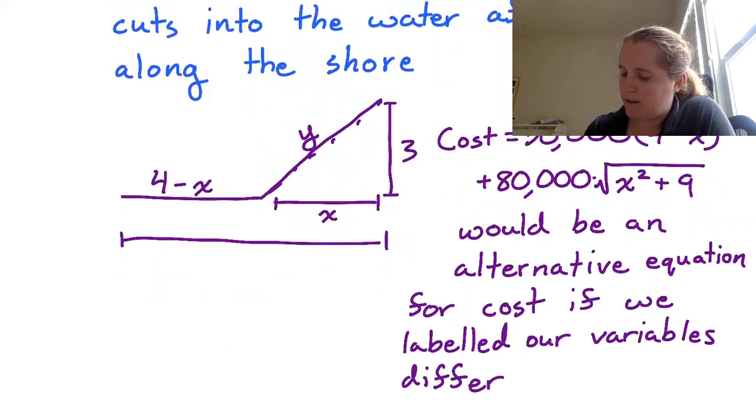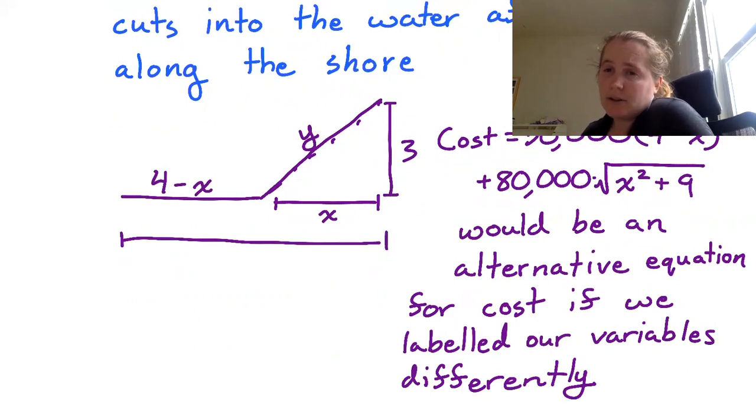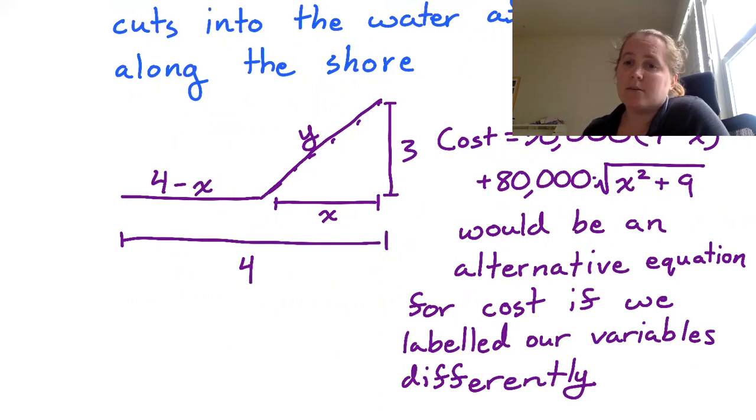So presumably, if we solved this problem, we would have gotten that X would be 2.402 approximately. And then we would have had to do 4 minus that to figure out how many miles the line should run along the shore. But there are multiple ways to set up these problems. It's up to you how you want to set it up. Just make sure that ultimately you're answering the original question that was asked.